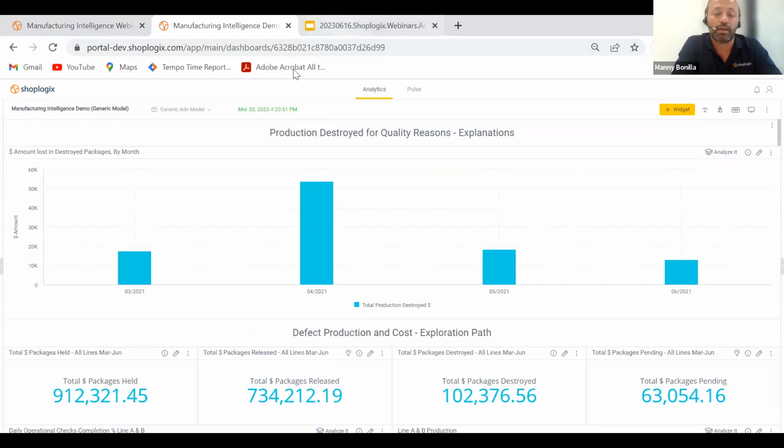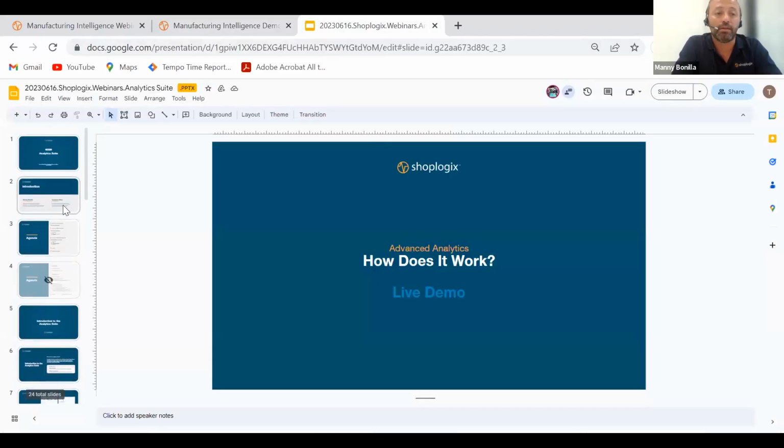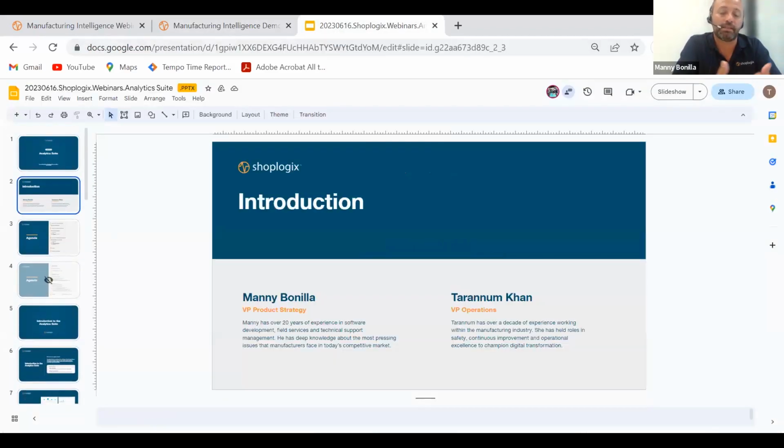Really, the way we've designed advanced analytics and manufacturing intelligence is that it just enhances the existing platform that you're already using. It's basically through a license model.